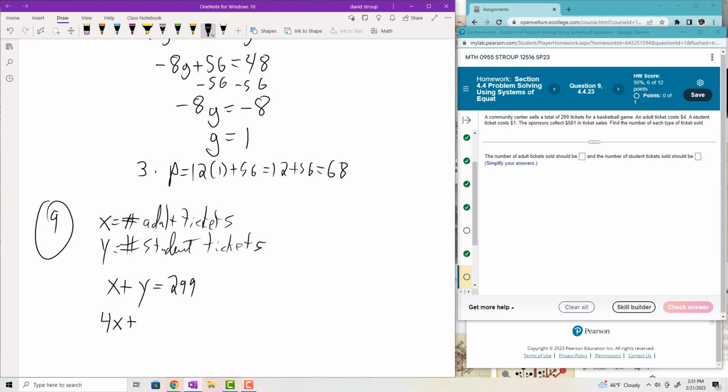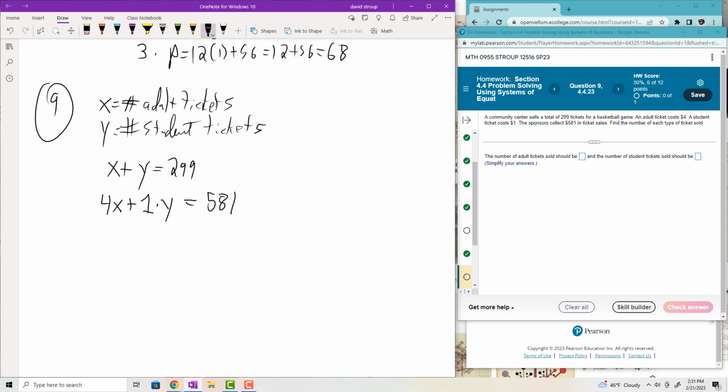And then the student ticket costs $1, so the amount of money made from the student tickets will be 1 times the number of student tickets, which is Y. And the total amount that they made was $581 in sales. So $4 for every adult ticket plus $1 for every student ticket summed up to $581.